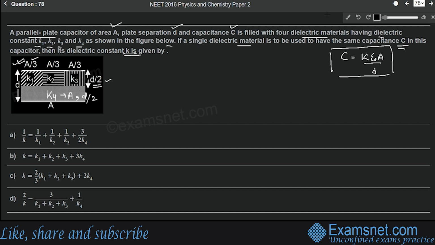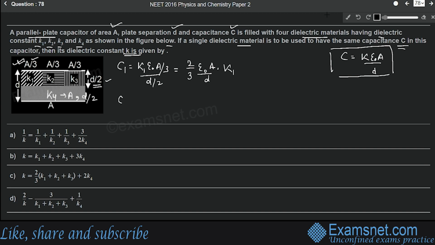So let's find the capacitance in each case. For the first one, the capacitance C1 will be equal to K1 epsilon naught A by 3 upon D by 2, because the area is A by 3 and the distance is D by 2 for the first three dielectric materials. So this will be equal to 2 by 3 epsilon naught A by D into K1.